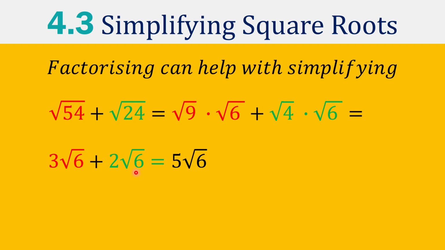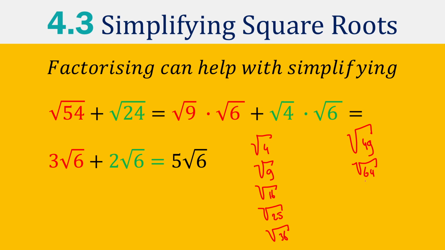So when doing exercises like this, it's of major importance to know the squares, right, and the square roots. So the first number that you use, here root 4 and here root 9, is always one of those. Root 4, root 9, root 16, root 25, root 36, root 49, root 64, root 81, root 100, etc. Root 121.